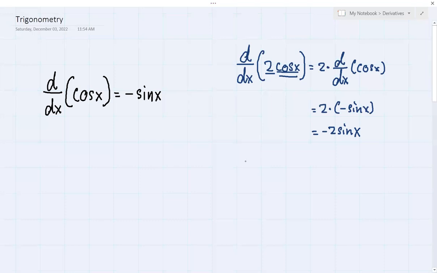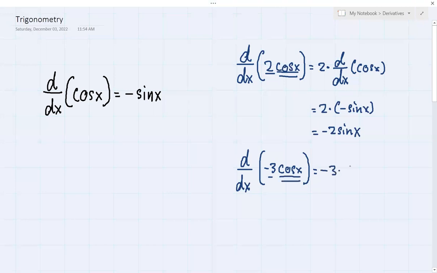All right? Now, how about this one? Okay? The derivative of, sabihin natin, negative 3 times cosine x. Okay? So, again, meron constant at function magkasama.